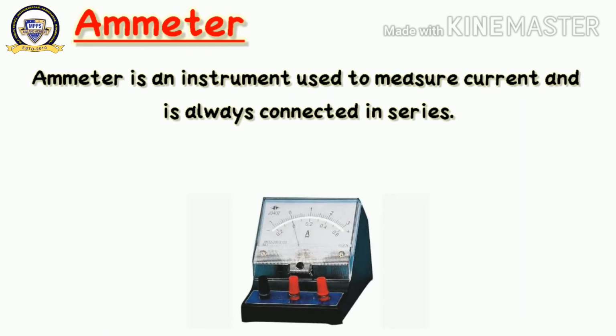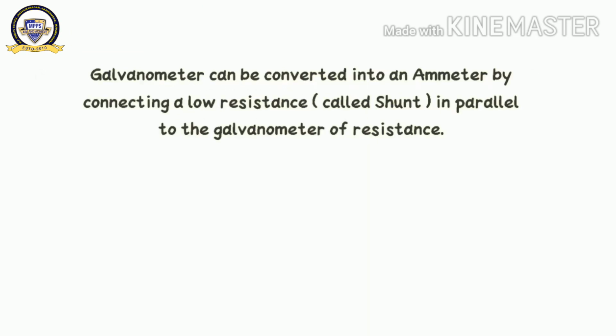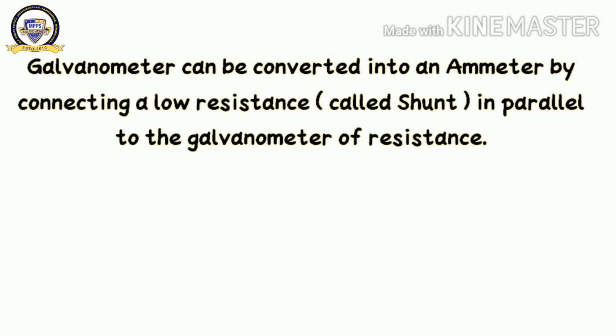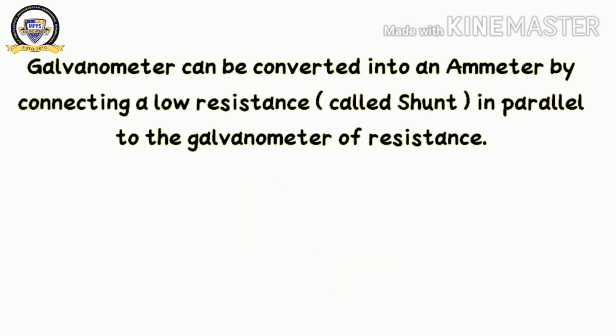An ammeter is said to be ideal if its resistance R is 0. A galvanometer can be converted into an ammeter by connecting a low resistance, which is called a shunt, in parallel to the galvanometer of resistance. Once again, a shunt is a very low resistance. We will see the derivation of this shunt and galvanometer in classroom time.